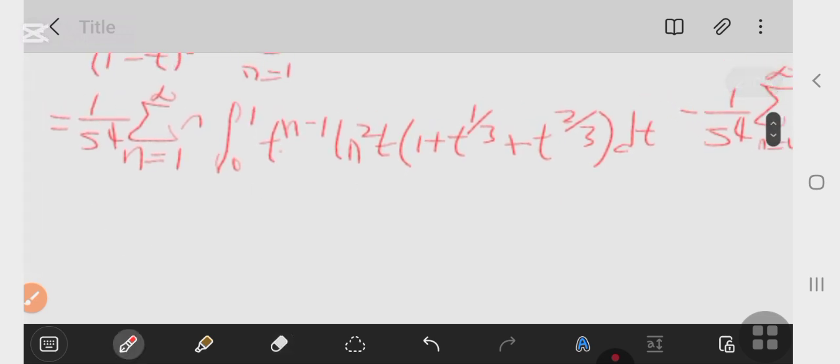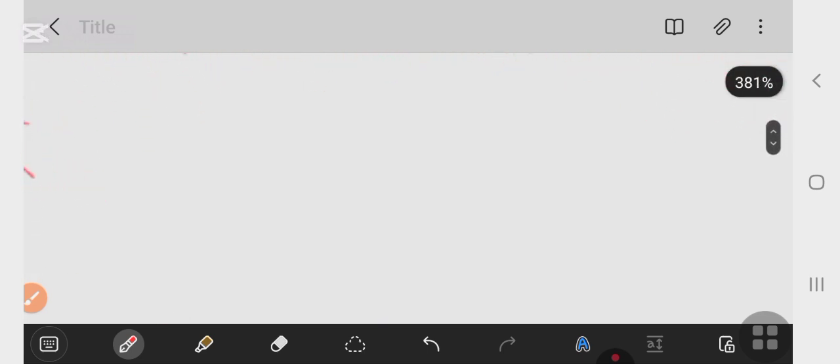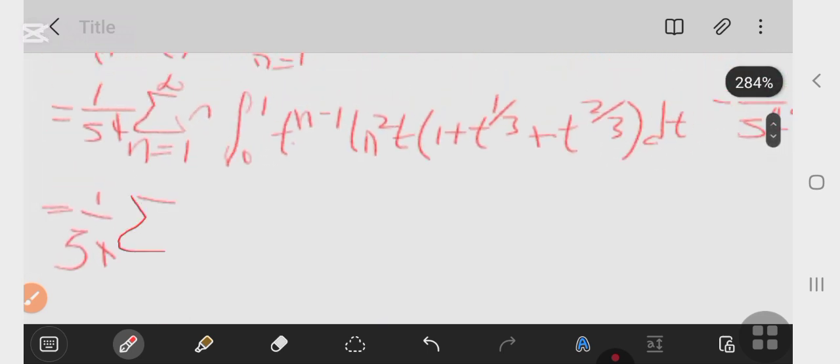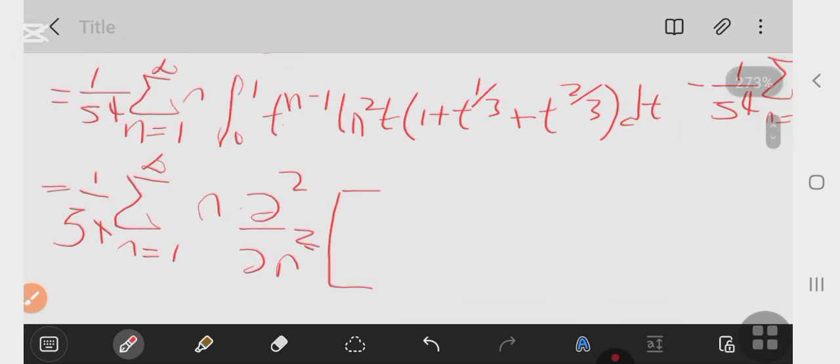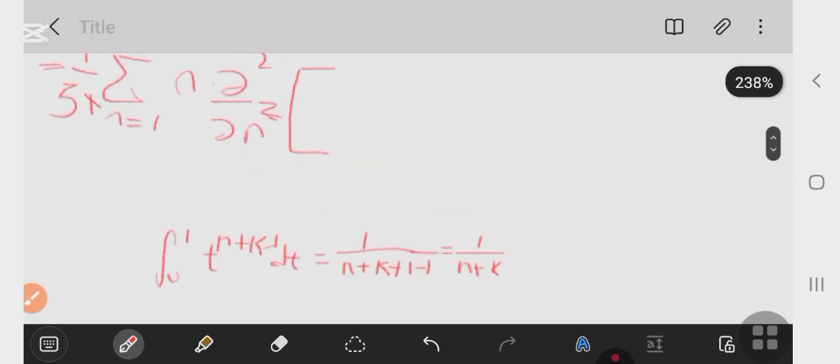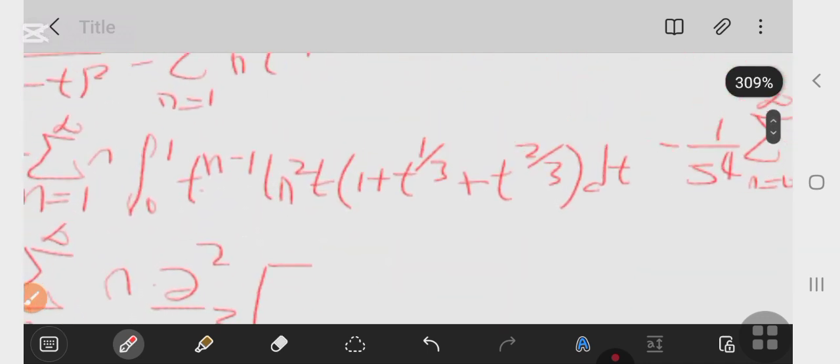So this is 1 over 54 all into the sum to infinity of n from 1 multiplying n, which has already been here, then the second derivative of, remember this rule, all of them have minus 1, so k I've defined itself.